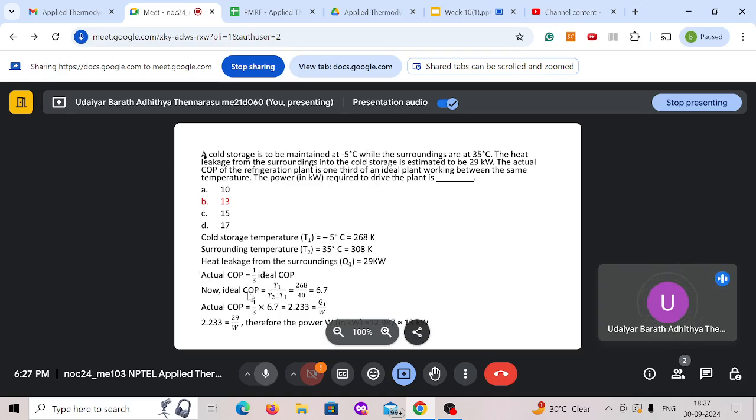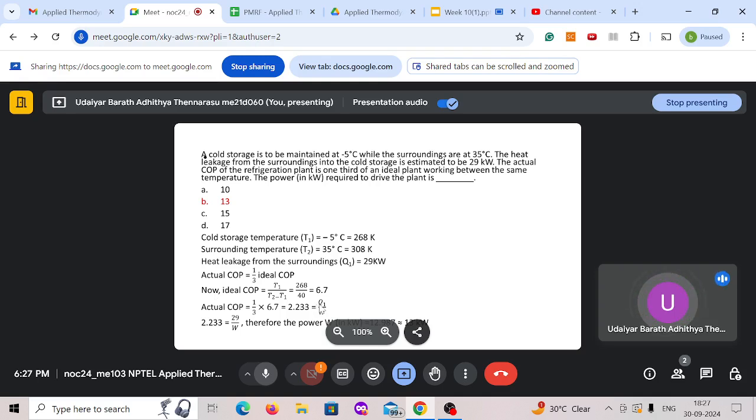Calculating the ideal COP, which is evaporator temperature divided by the temperature lift, or the condenser temperature minus the evaporator temperature, gives you 268 by 40, which is 6.7. So the ideal COP is 6.7. The actual COP is 1/3 of this ideal COP, so 1/3 into 6.7 gives you 2.233. So that is the actual COP.